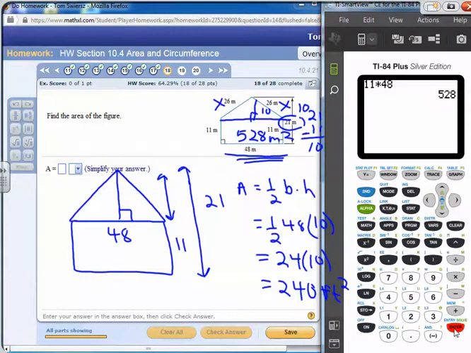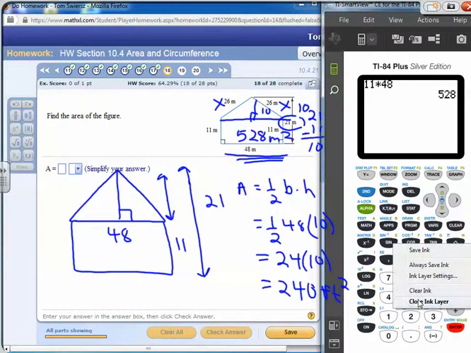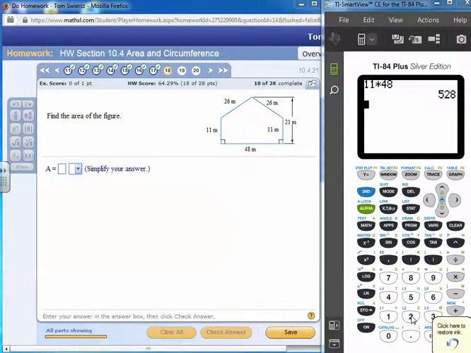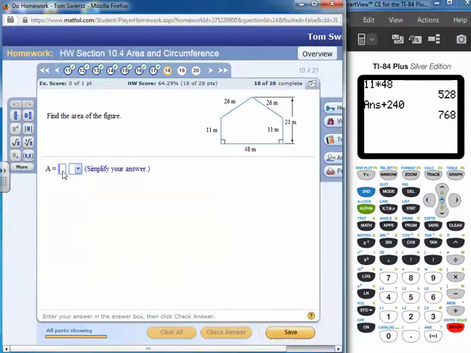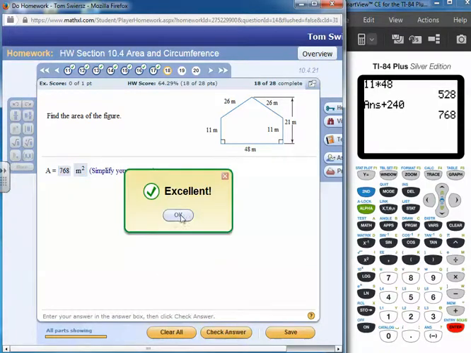So we'll add those two together to get the total area. So 528 plus the area of the top part of the figure, which is a triangle, and we get a total area of 768. And area is always in square meters. All right, very good.